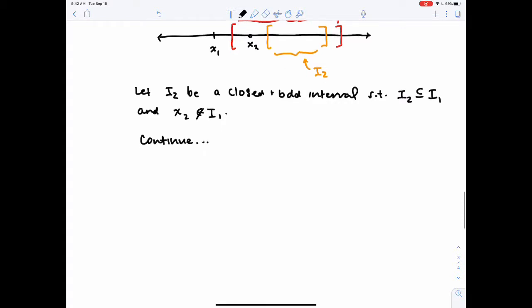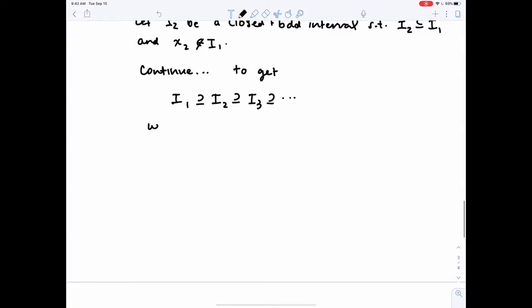And here you'll get I1 that contains I2 containing I3. So we get this nested sequence of closed and bounded intervals where each In is such that xn is not in In.